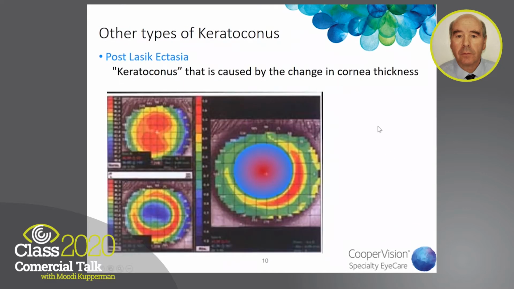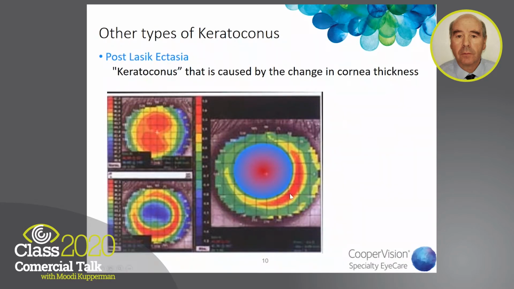Another type of ectasia is a post-LASIK ectasia. This is an oblate cornea. It can be also post-implant of new cornea or some PRK operations.